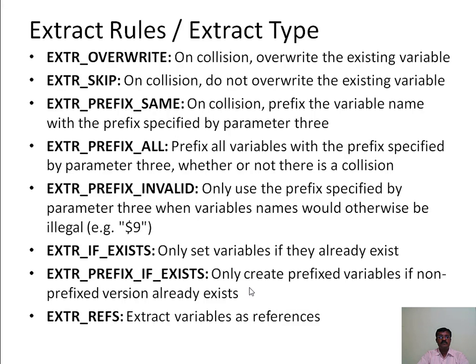Here are a few extract rules or extract types which are used to control the behavior of the extract function. EXTR_OVERWRITE: when I use this as the second parameter in the extract function, on collisions, it will overwrite the existing variable.